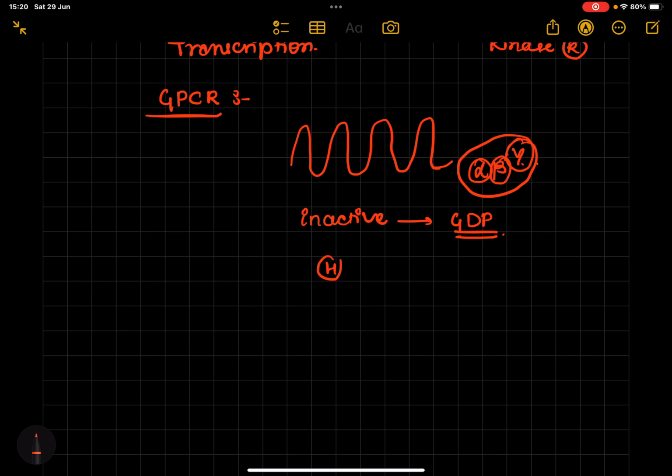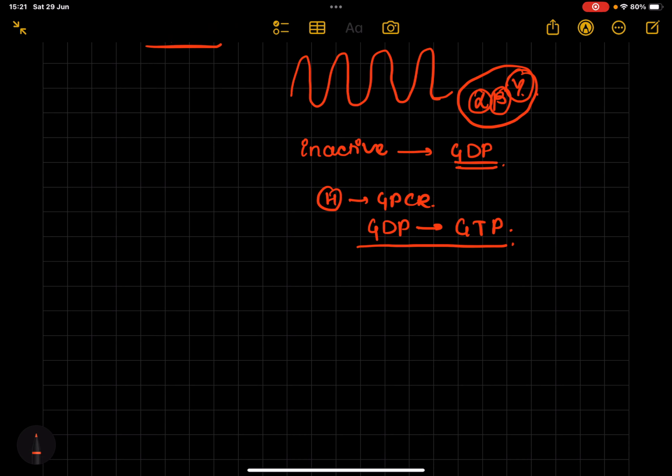Why? Because when the hormone combines with GPCR, the GDP will convert to GTP, and the alpha subunit will dissociate from the complex and bind to the effector.